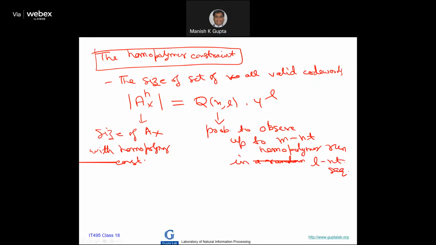If you take a random L nucleotide sequence, this is the probability to observe up to M nucleotide homopolymer run. Now, obviously, this is Q_ML, right? I can look at a simpler case here and simplify this.